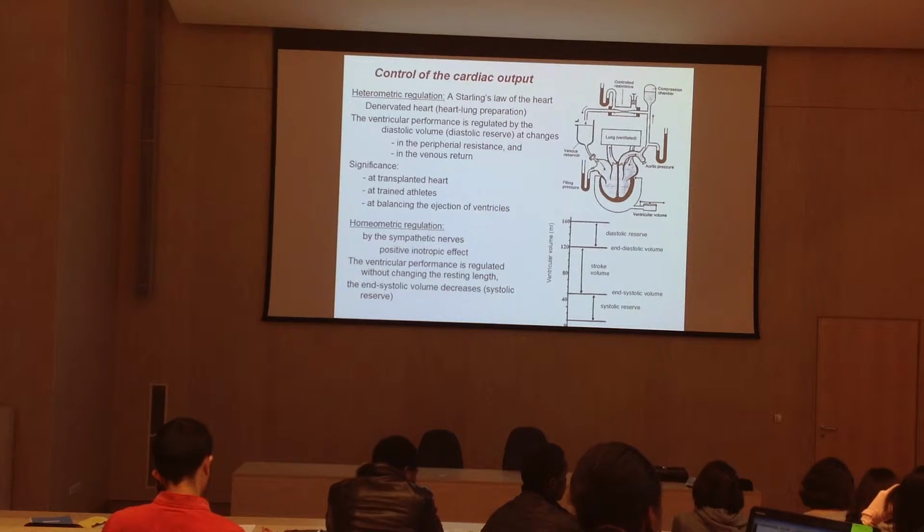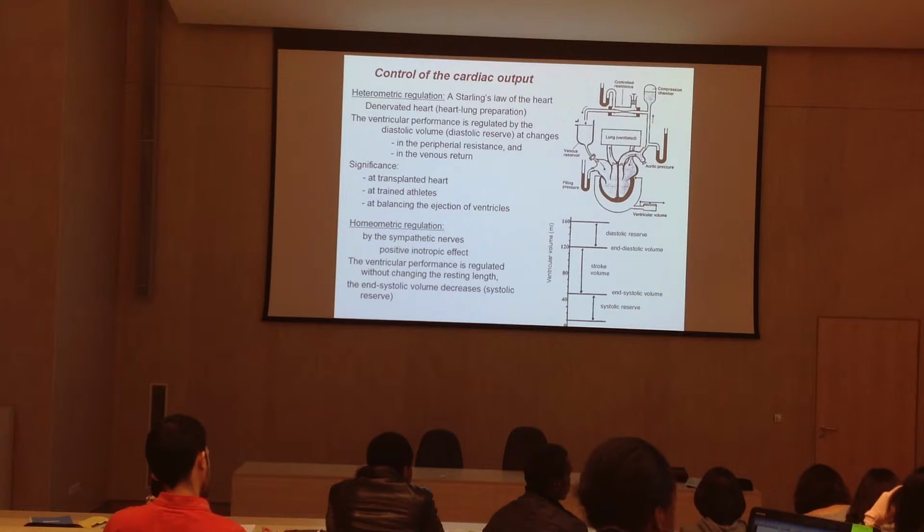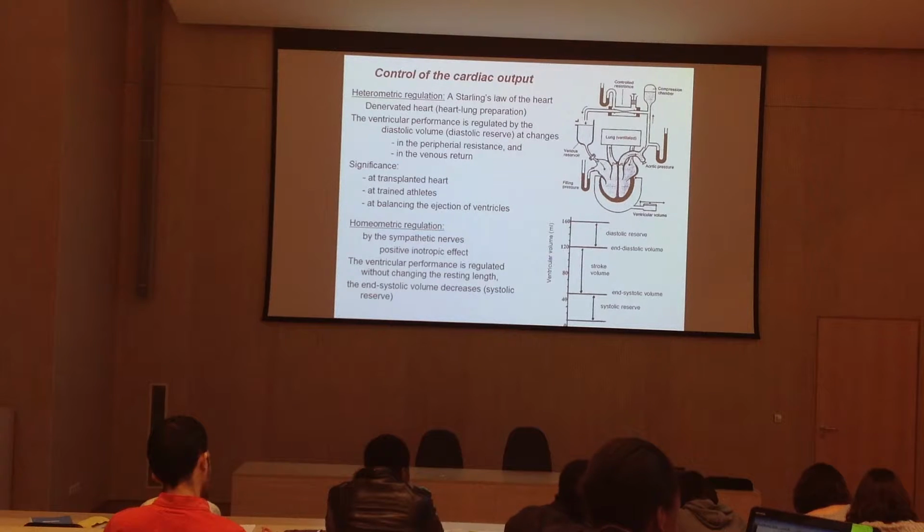Or in reverse, if the left ventricle increases the output, the right ventricle will increase too, without any reflex regulation, without any nervous effect, just due to the intrinsic properties of the muscle fibers.